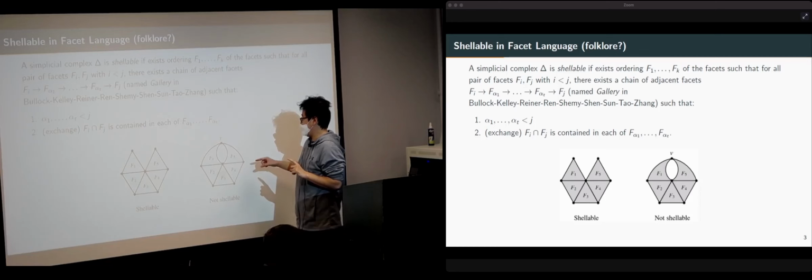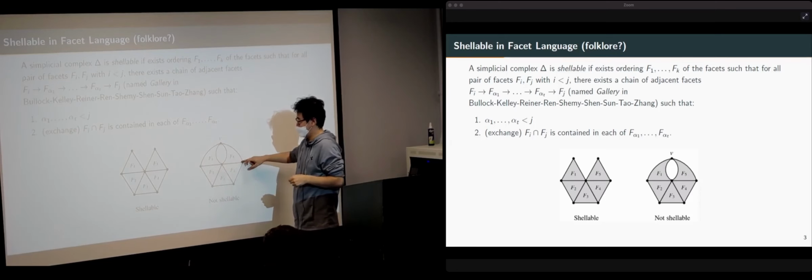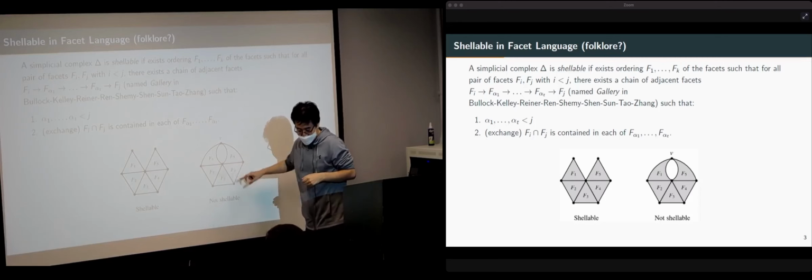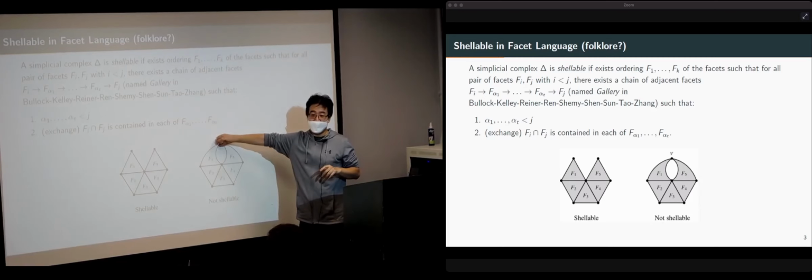So what happens if you add this edge? That's your question, right? The intersection is not going to be pure in that case, because you still have this facet.